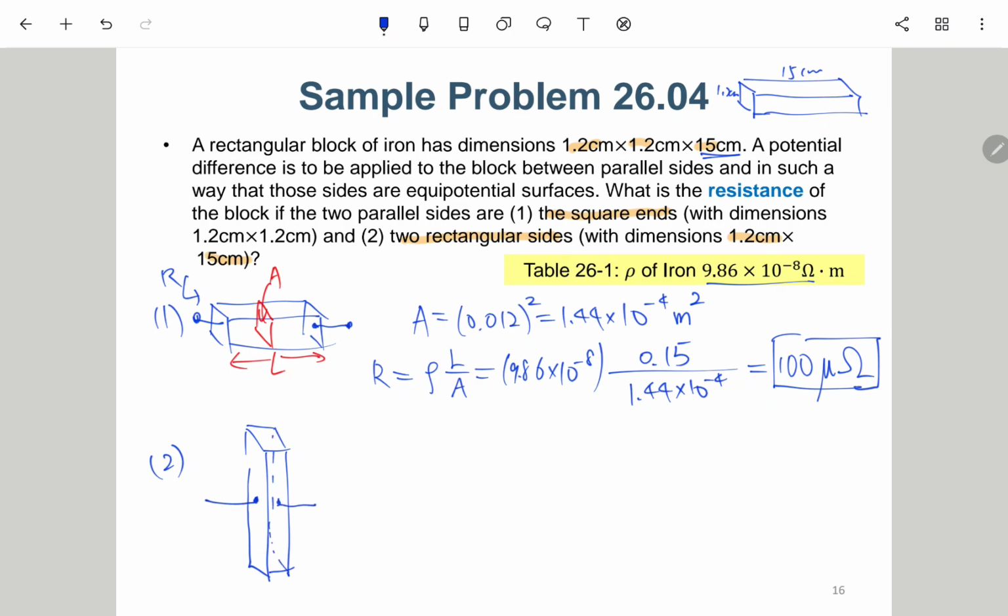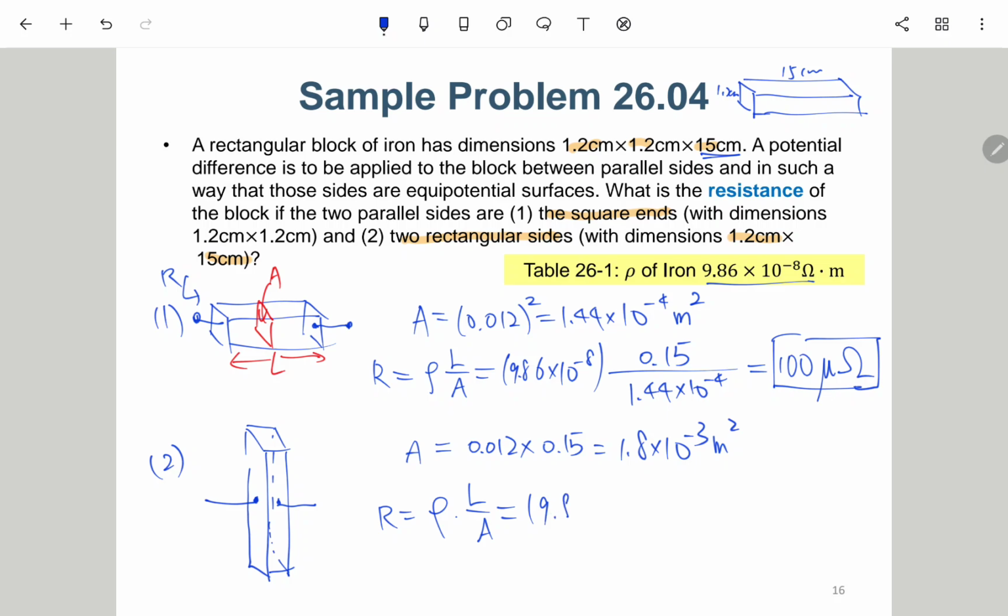In that case, the cross-section area will be 0.012 times 0.15, which is 1.8 times 10 to the negative third meter squared. So R will be rho times L over A.